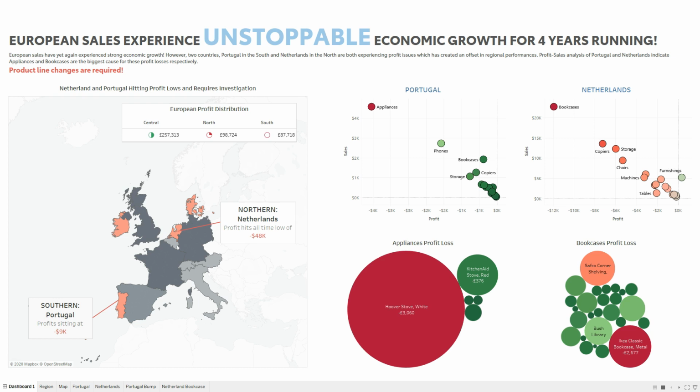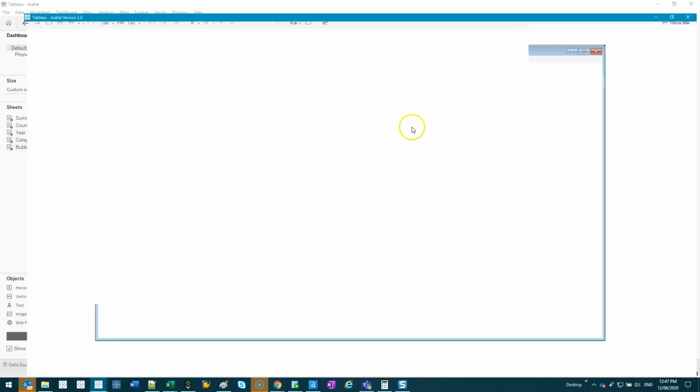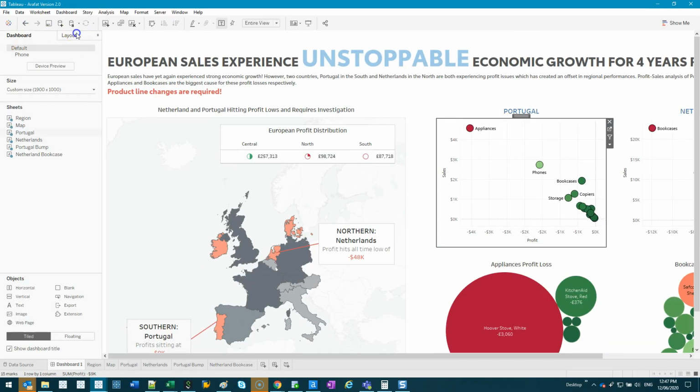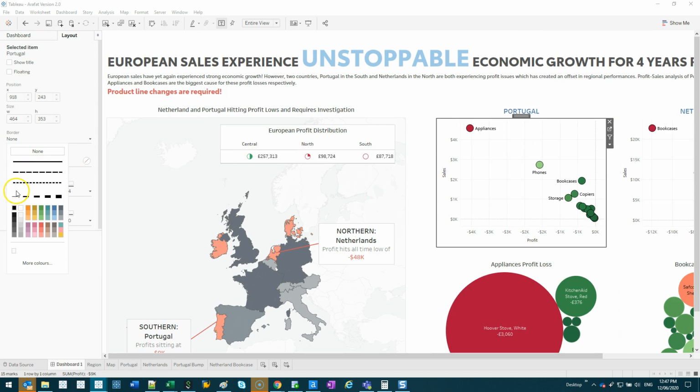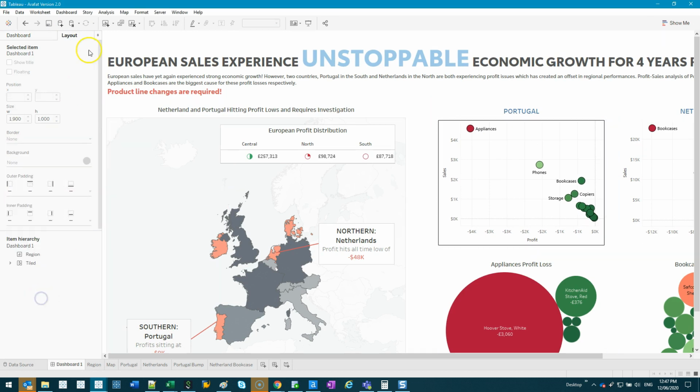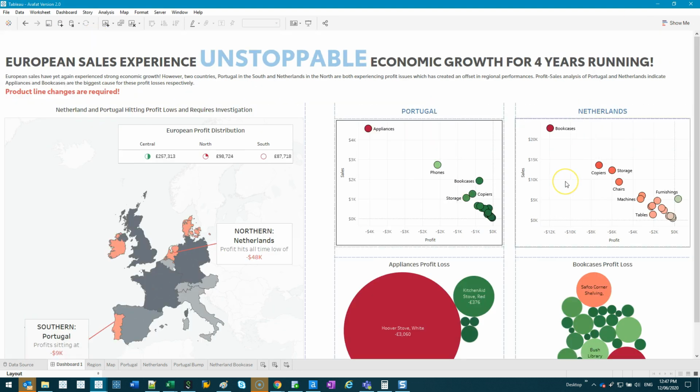What else can we talk about? Other little things like you want to eliminate as many borders as you can. So a lot of people do this where they'll go layout, border, black. A lot of the times I think they just want to show that it's a different visualization from this one, for example. But you don't really need that.